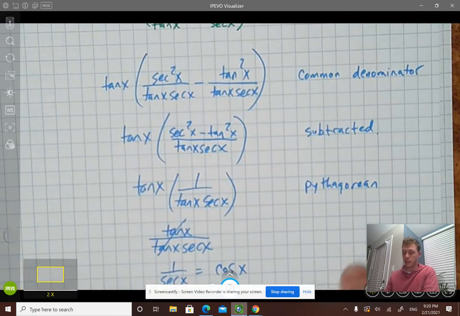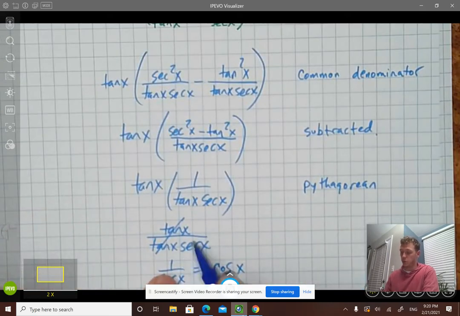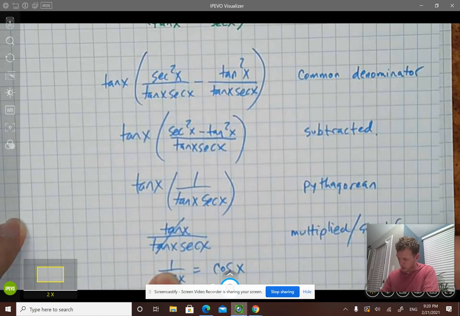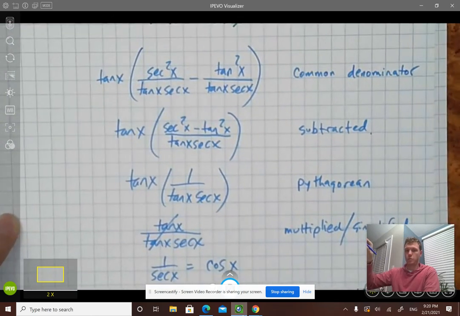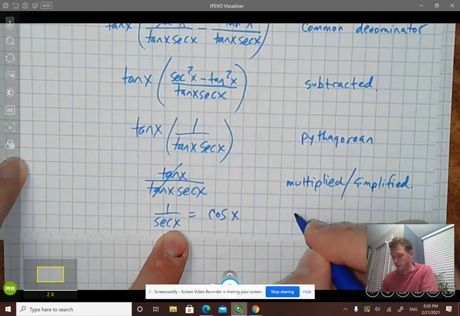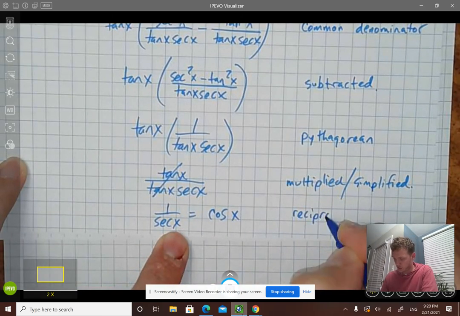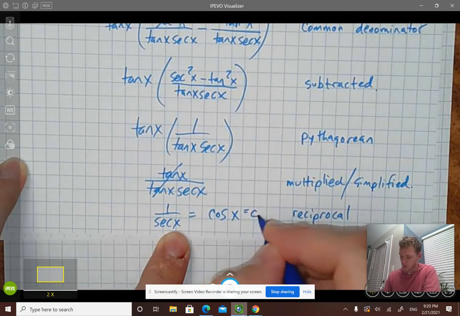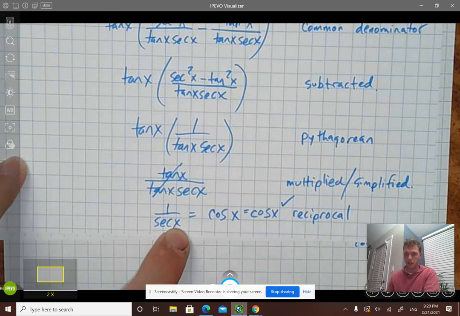That's Pythagorean. Then we multiplied and we simplified. And the very last one, 1 over secant is one of our reciprocals. And we got cosine of x is equal to cosine of x. All right, that's it.